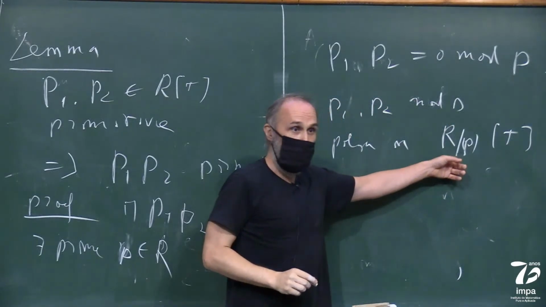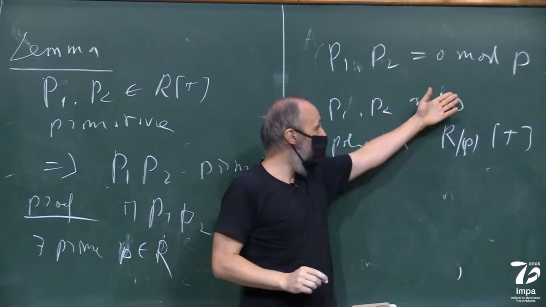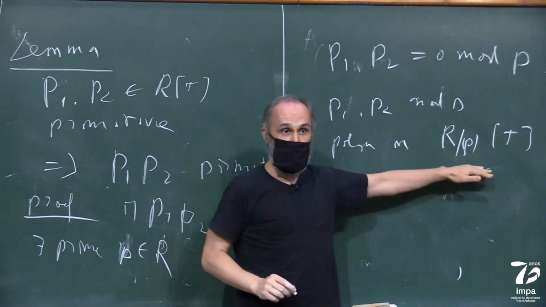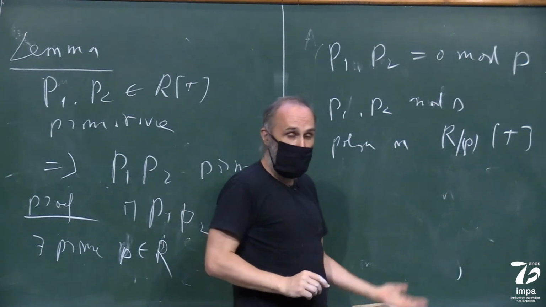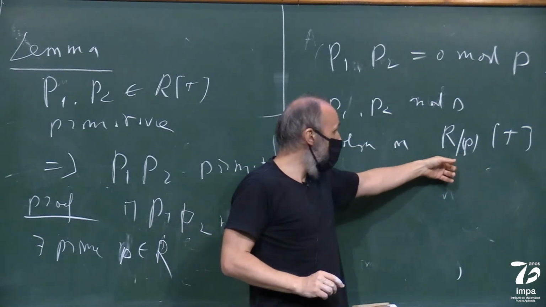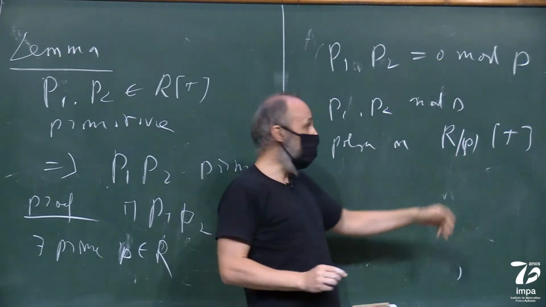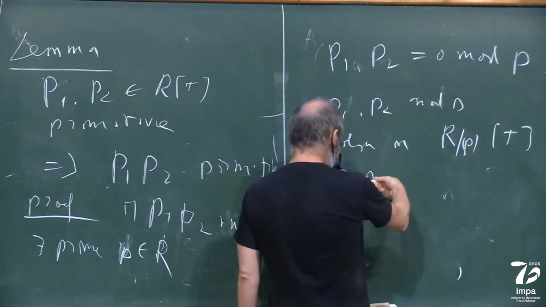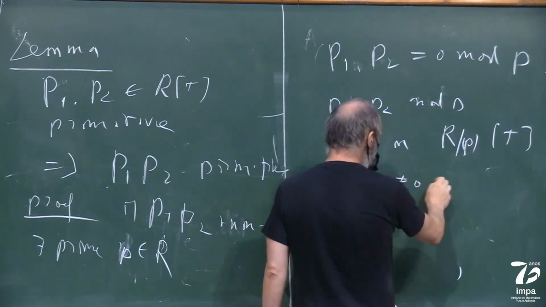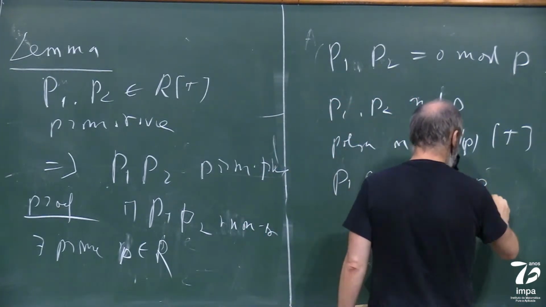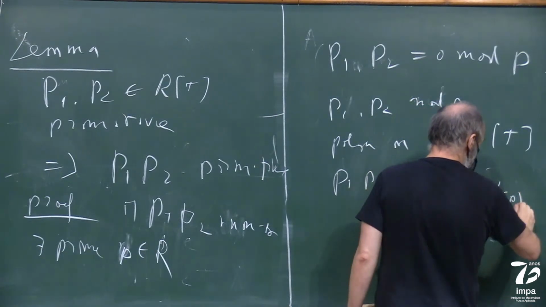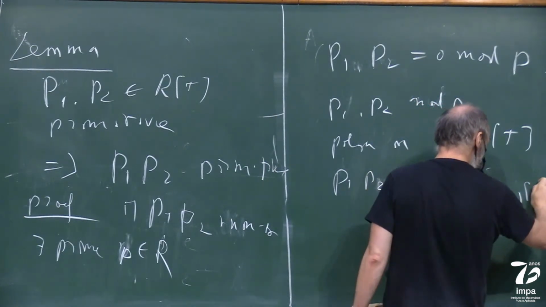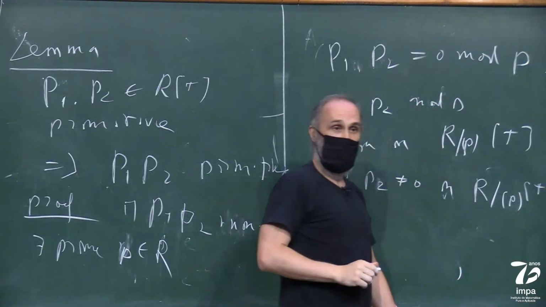Since p is a prime, this is a prime ideal, and this is a ring without zero divisors. You have two non-zero polynomials in a ring without zero divisors, so their product is non-zero. So P1 P2 is non-zero in this ring, because the product of two non-zero polynomials is non-zero, which you can prove by induction.